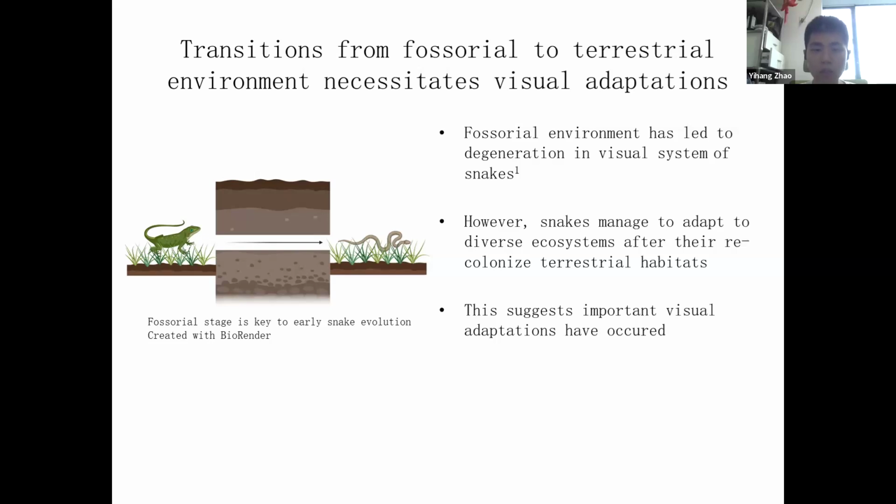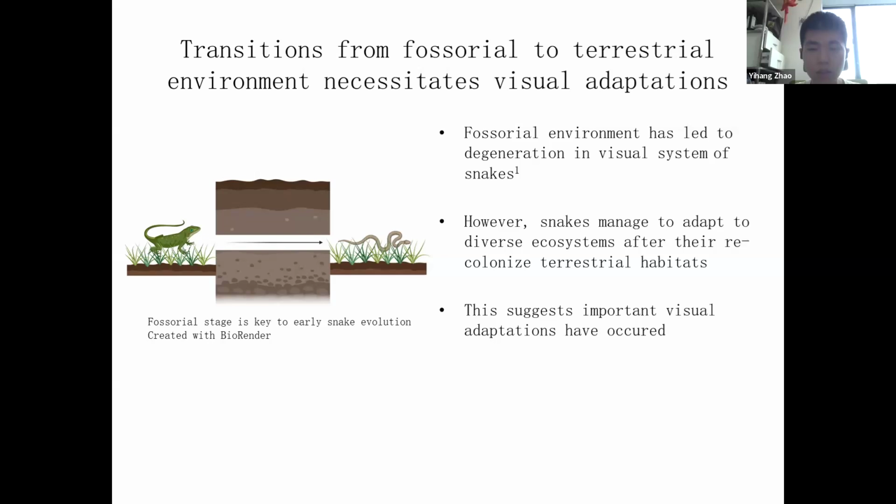So people might ask, why am I interested in studying the snake visual system? Well, the answer is the fossorial lifestyle of ancestral snakes has led to degeneration in the visual system of snakes. However, nowadays snakes have managed to adapt to diverse ecosystems across the world, and many of these ecosystems have different visual ecological conditions.